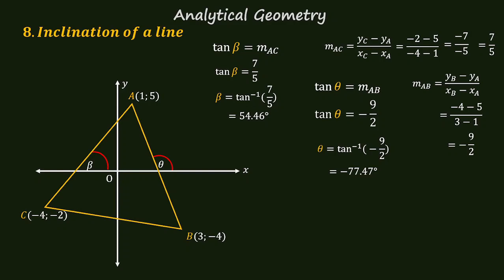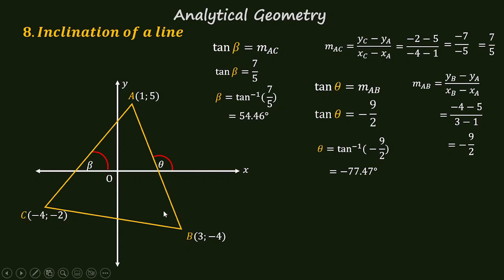It's easier to understand this concept. If you are getting a negative value, that means you are getting a value in the fourth quadrant. So this is an angle measured in a clockwise direction, so that would be an angle in the fourth quadrant.